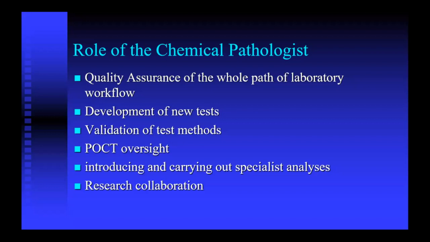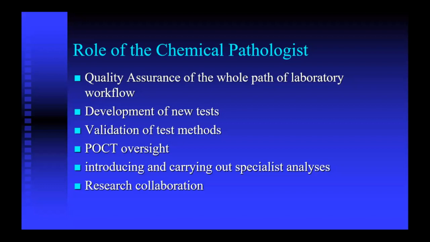So from time to time, there is need for correlation of the result from those point of care devices with the result from the central lab, using the standard validated methods and techniques and instruments inside the laboratory, to ensure that whatever the point of care device results are actually valid.